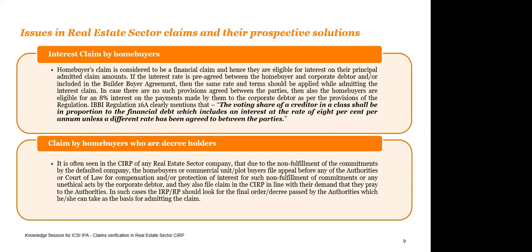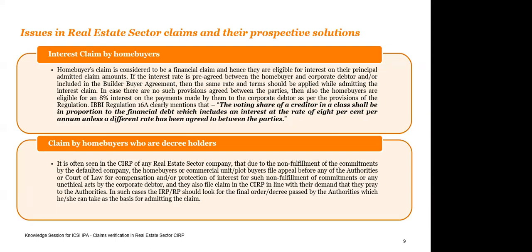So, if the agreement doesn't cover any rate of interest, then the home buyers are to be given 8% interest on the payments they have made till the date of insolvency commencement.